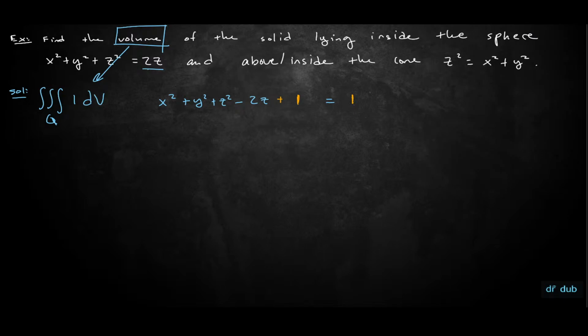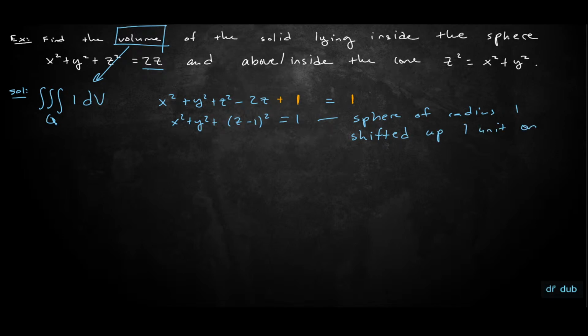So this is going to be the sphere, x squared plus y squared plus (z minus 1) squared equals 1. So it's a sphere of radius 1 shifted up 1 unit on the z-axis.